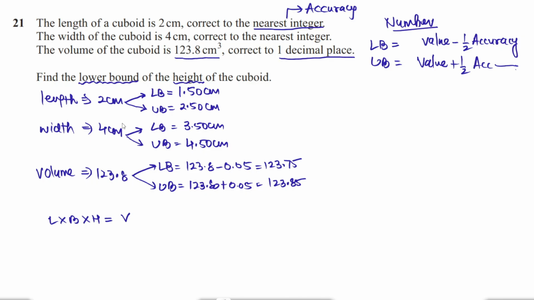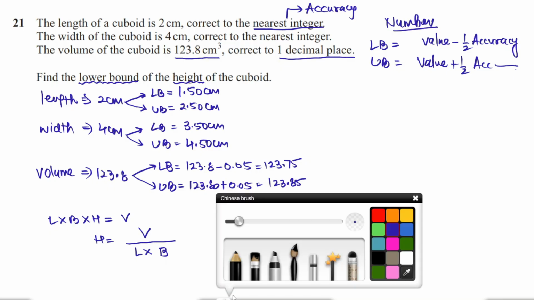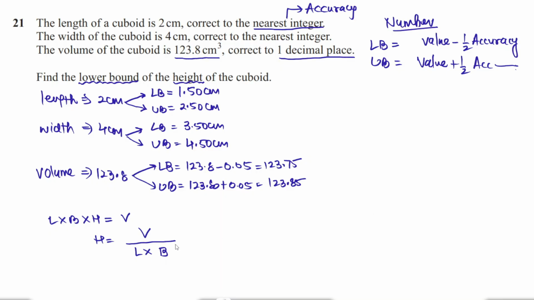Height could be considered as volume upon length multiplied by breadth. Now the question is very important to understand the concept here. First of all, what we need? Volume is already given in the numerator and we are having L into B in the denominator.